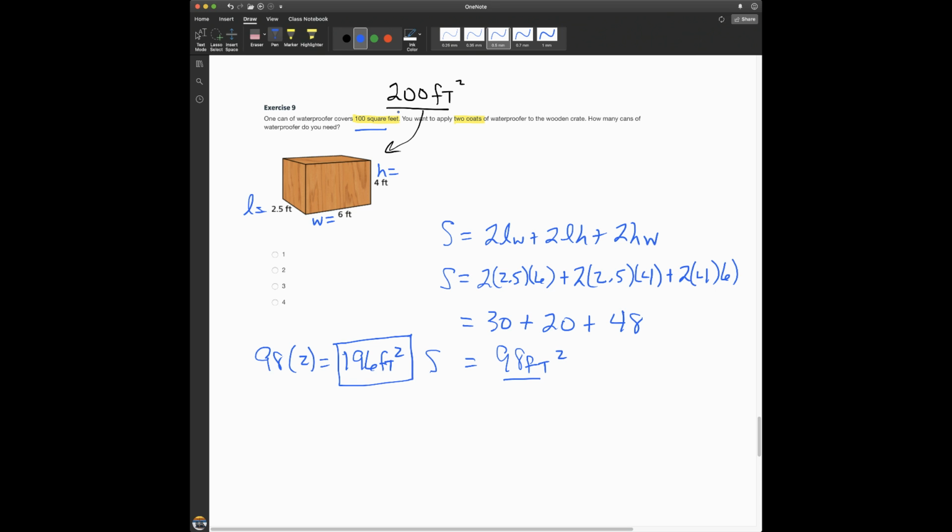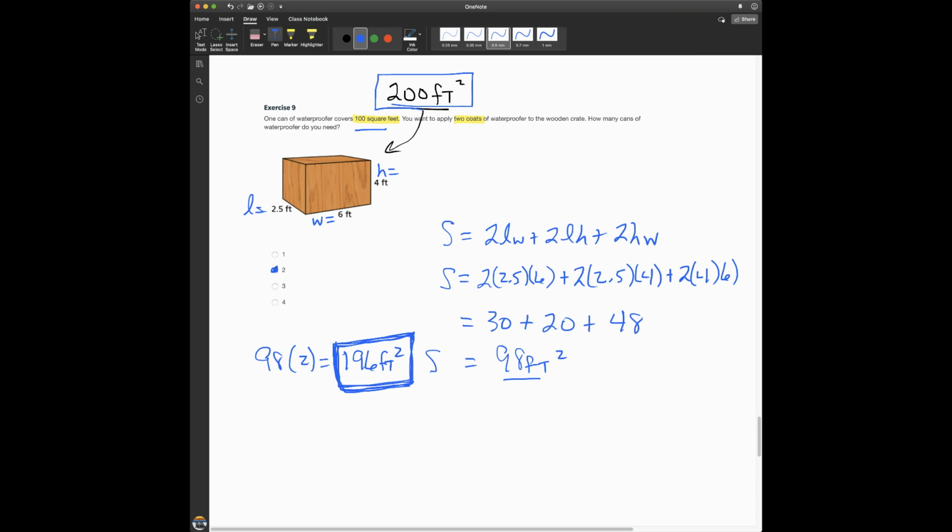So 2 cans would cover, or 2 coats would mean I would need to be able to cover 196 square feet with my waterproofer. So since 1 can covers 100 square feet, 2 cans covers 200 square feet, then I need 2 cans.